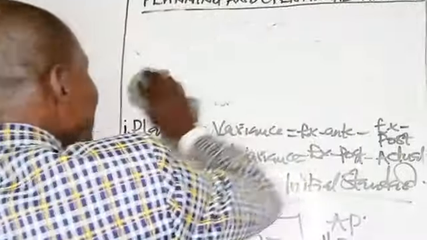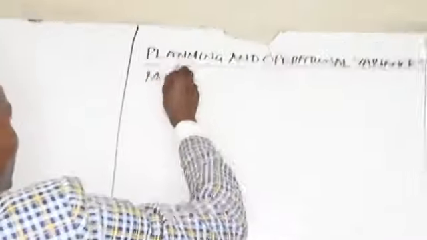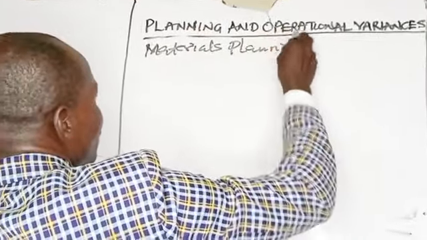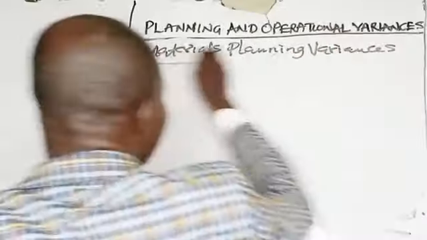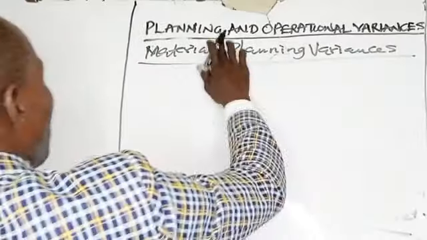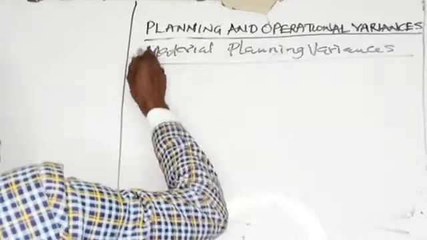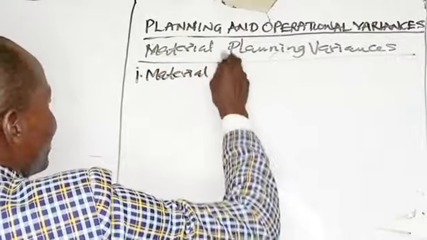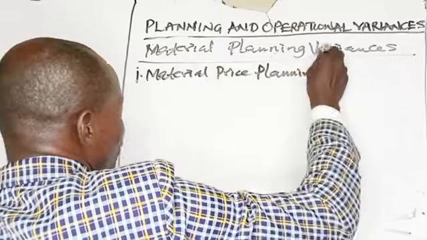So now let's start with material planning variances. The first variance I'm going to examine under this is material price planning variance.